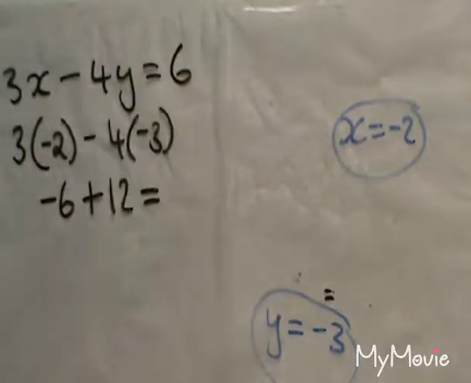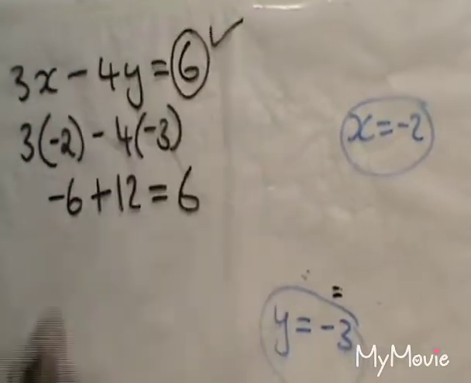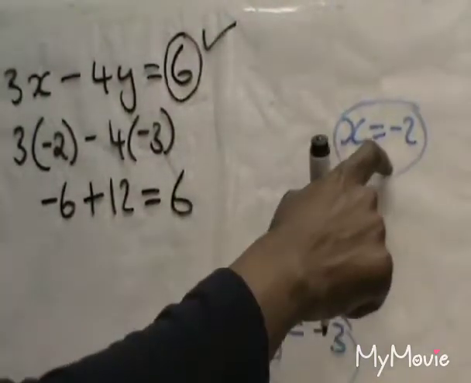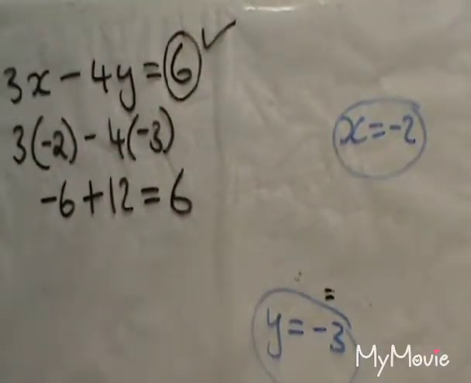And then I get my answer is equal to 6, which is what I was supposed to get. So my values for x is equal to minus 2 and y is equal to minus 3 do satisfy the first equation.